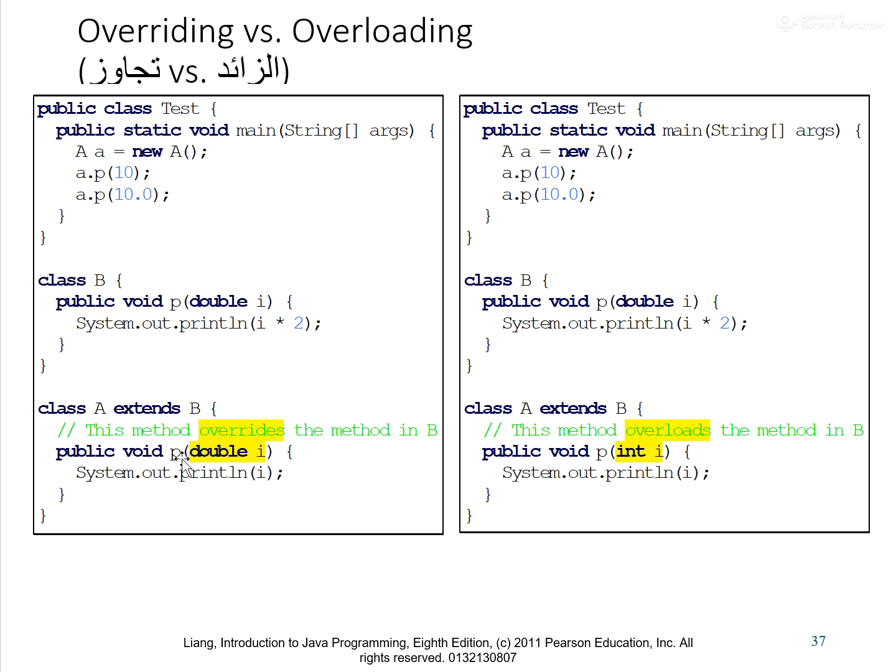So when you call the method P with an argument of type double for an object of class A, this method will be called, because it is overriding, that's the right term, the method that is defined in class B up here. The example that I did in the last video lecture is basically a more elaborate example that shows the difference between overriding and overloading.